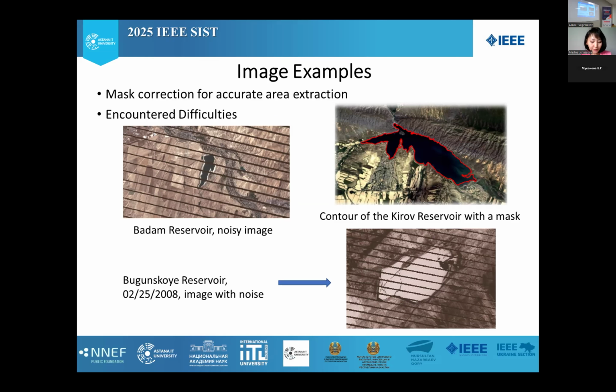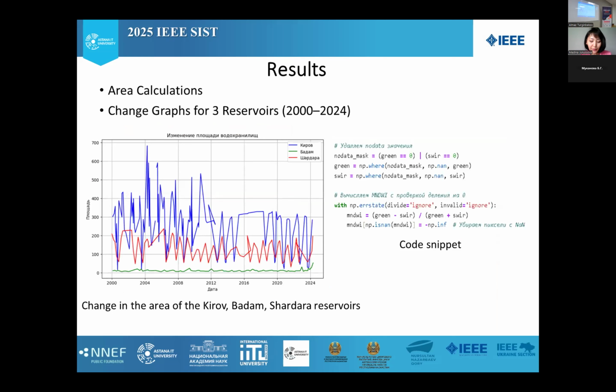The images were divided by season: spring, summer, autumn, and winter, based on the specified HSV thresholds. Masks were created to isolate the water surface.